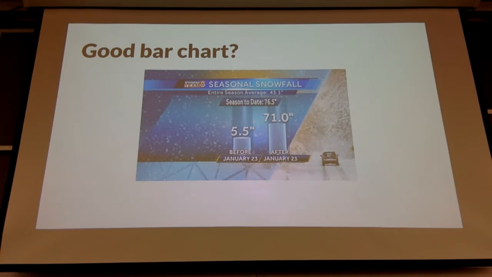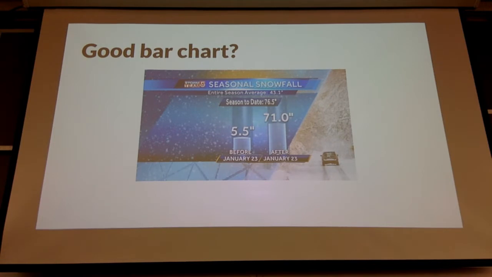Is this a good bar chart? I found this picture on Twitter on a day where there was a ton of snowfall in Boston. Usually television channels try to be hyperbolic, but in that case, they were actually understating it quite a bit, right?